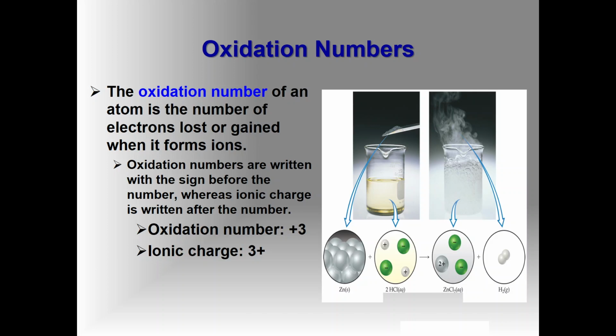So when you write the charge on the ion on the top right, the plus or minus sign should come after the number. But if you're saying what is the oxidation number, then you should put the sign in front. I'm not going to take off for that because it's been used throughout, and I don't want to confuse y'all or make y'all change how y'all have been writing it. But that is the standard. And again, I usually say the charge is the same thing as oxidation number, when technically it's how many electrons are lost or gained.